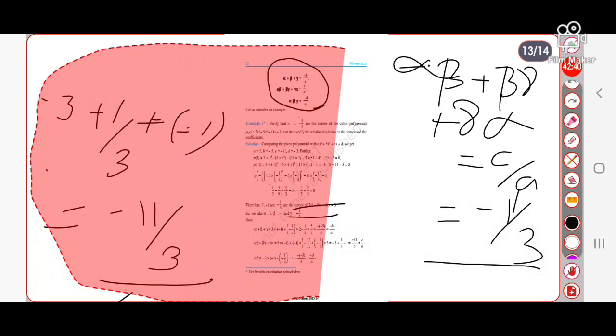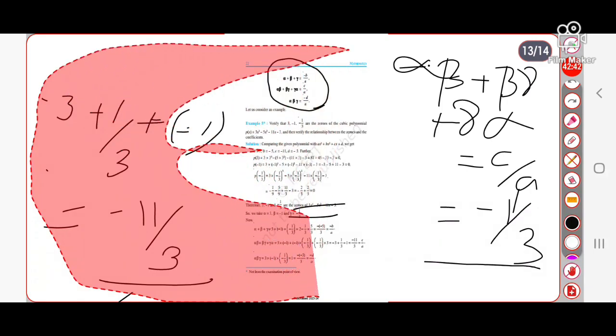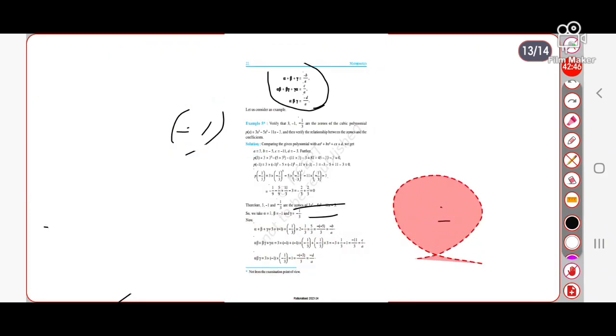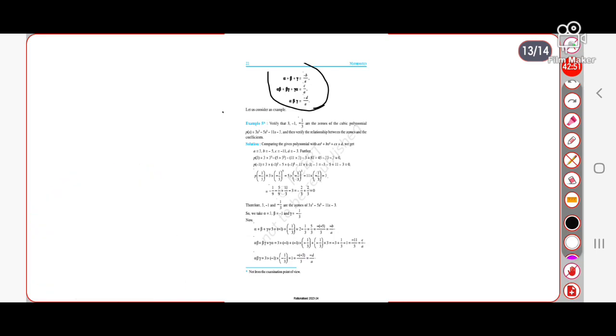See, there is a chance of the third one being verified too, as the first two are verified. Okay. Let's check whether it is right or wrong. Alpha, beta, gamma. 3 cross minus 1 by 3 cross minus 1. What we arrive at, 3 3 gets cancelled, the net result is 1.